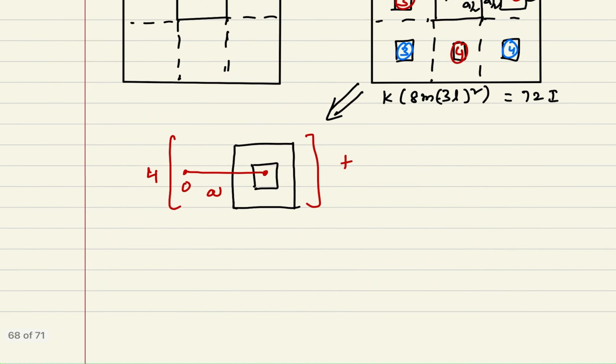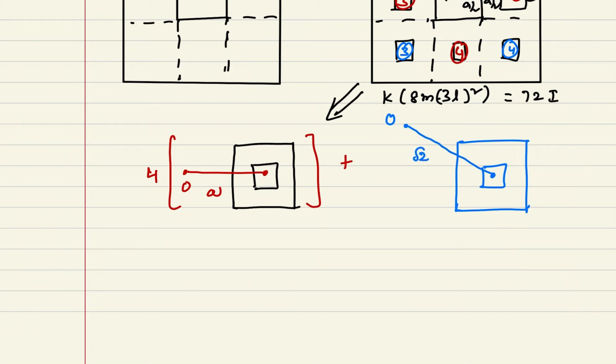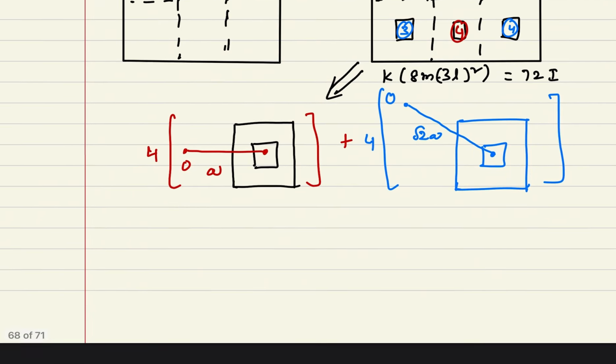There are 4 fractal square plates that I am taking at a distance. This is my O, this is located at a distance of root 2a, like this 4 are there.